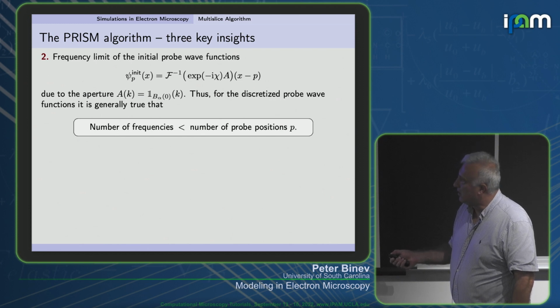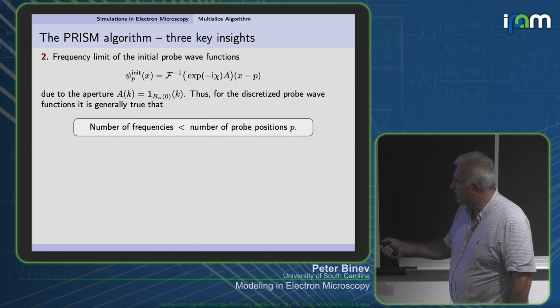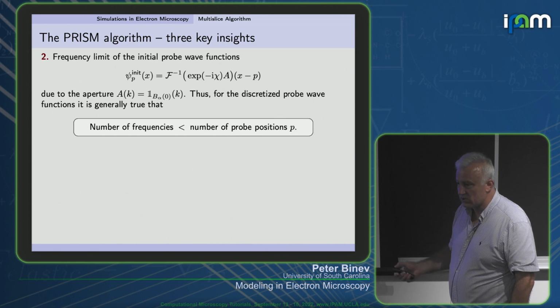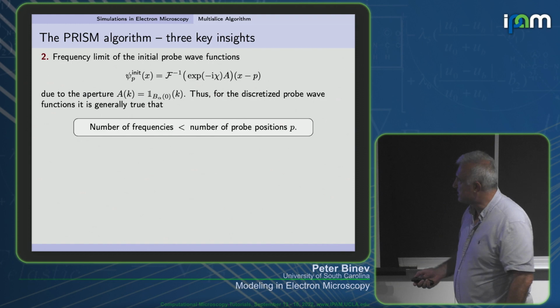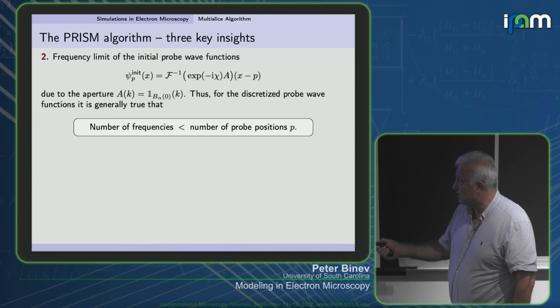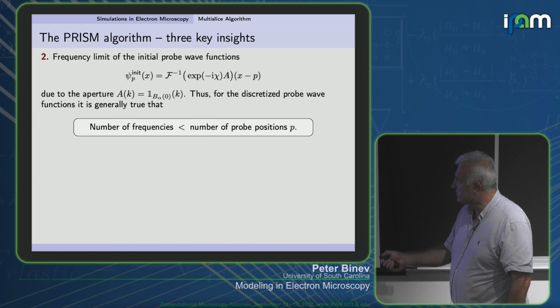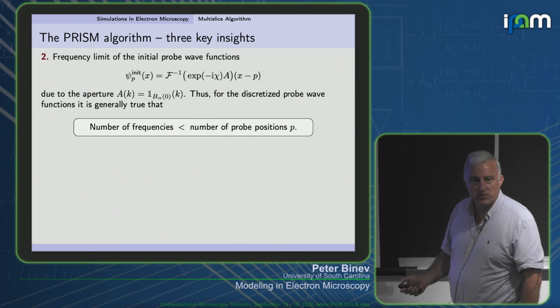The second thing is that we have a limit on the frequency of the initial wave. That means here we have this limitation that was the characteristic function of a small circle. And usually the number of frequencies which are considered here is much smaller than the number of probe positions.